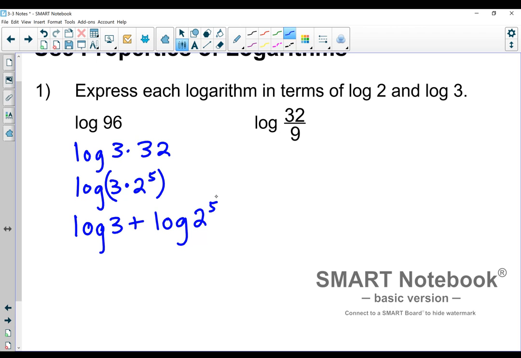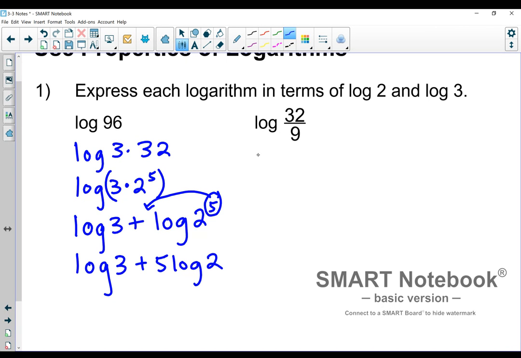And then anytime I have an exponent like this, I can multiply it in front of my log. So I always circle and draw that arrow because I just find that it helps students remember what I'm doing. So log 3 plus 5 log 2. And we're all set. We have them broken apart. I don't have any more multiplication inside. Everything says log 3 or log 2. It's okay that I have a 5 in front.